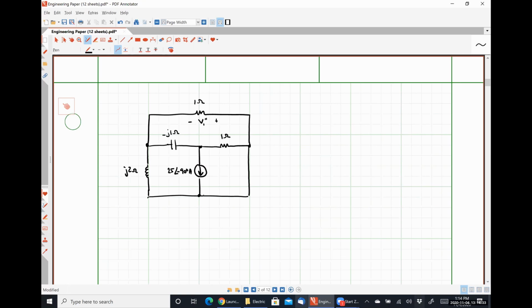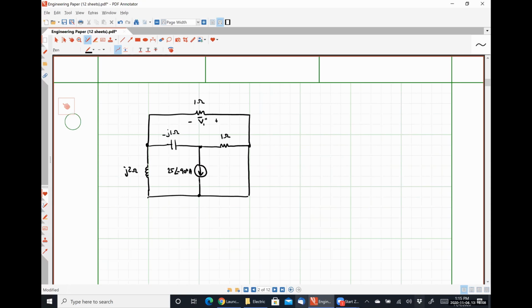So what I mean by that is I'm still in a position where I have no means by which to combine any of my impedances or anything like that. I can't do any source transformations because I don't have a practical current source here. The ideal current source is not in parallel with anything.